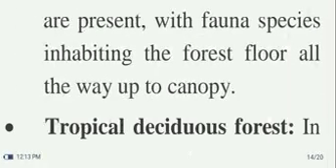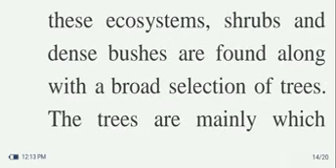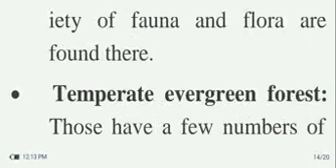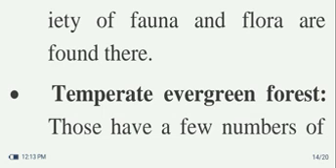Wait a minute, what happens in case of deciduous forest? In these ecosystems, shrubs and dense bushes are found along with a broad selection of trees. The trees are mainly those which shed their leaves during the dry season. This type of forest is found in quite a few parts of the world, while a large variety of fauna and flora are found there.